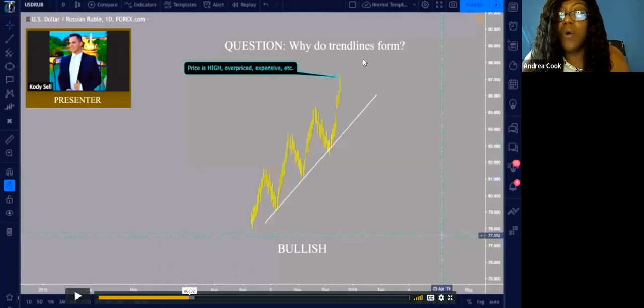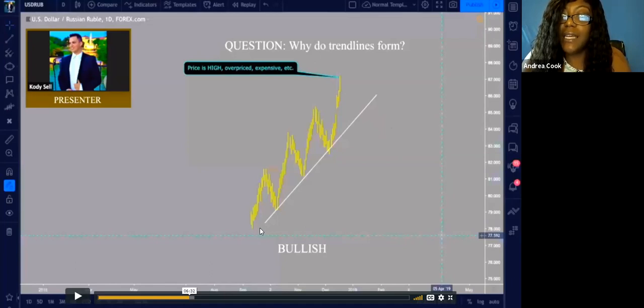If it continues to go up, it just stays bullish. So the only way it can break the trend is to go down. So we need the trend line on the bottom, because once it breaks this and retests and then continues, now it's considered bearish. Does that make sense to everyone?